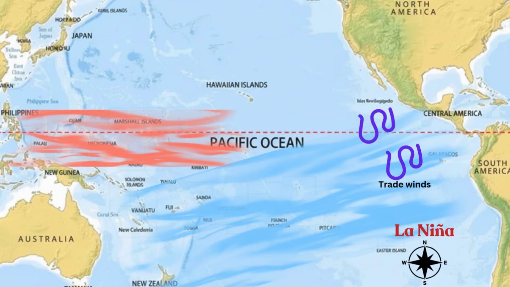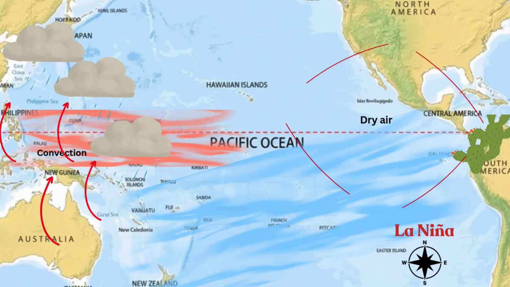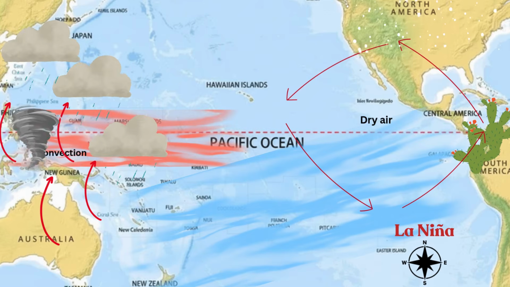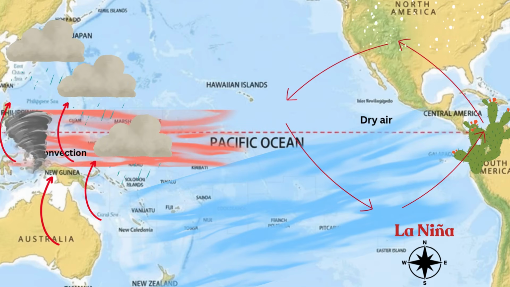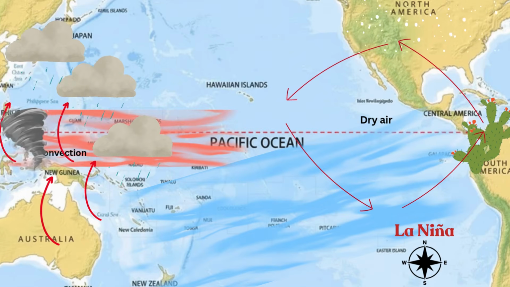As a result, countries like Indonesia and Australia experience more rain and storms, while the Western Americas tend to be drier. La Niña can bring an increase in Atlantic hurricanes, wetter weather in Southeast Asia, and colder winters in North America. Each phase of ENSO has a different set of weather effects depending on where you live.